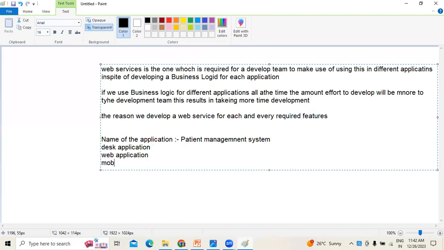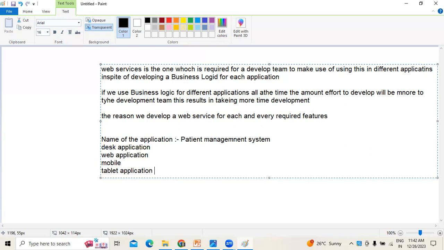Next, a mobile application. We have to develop a tablet application. So for all these applications, we have to create different business logics, which takes more time. That's what I said in the beginning.